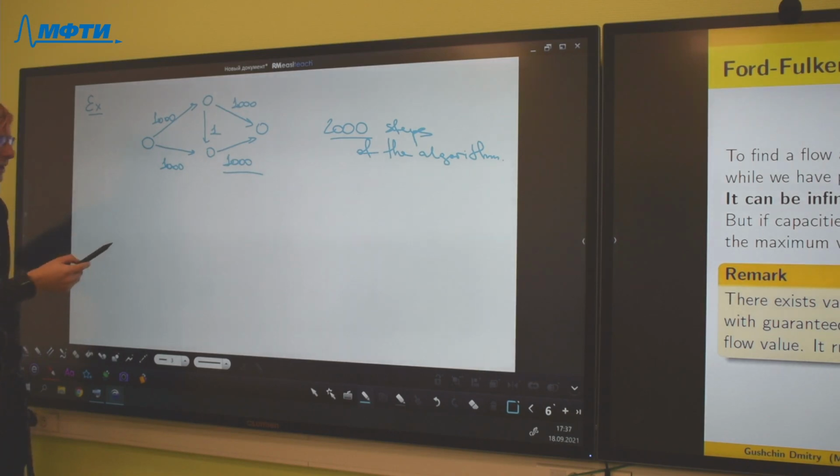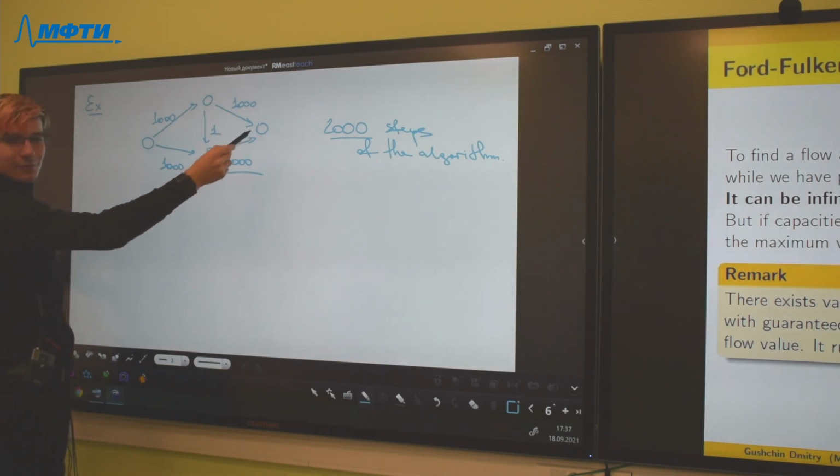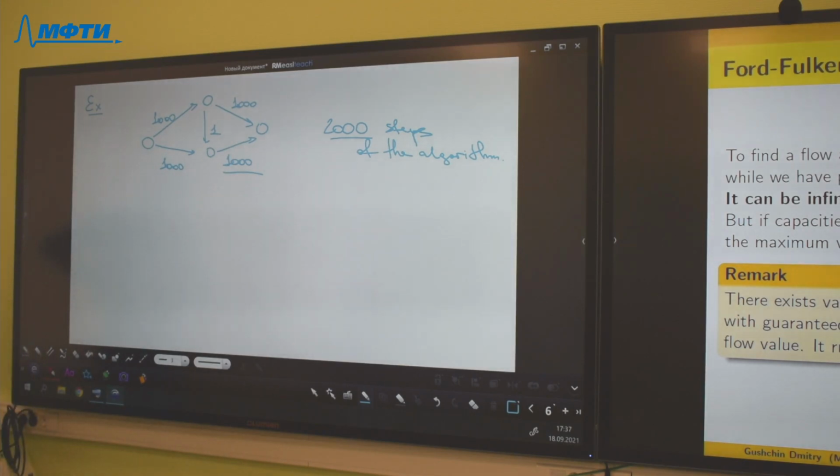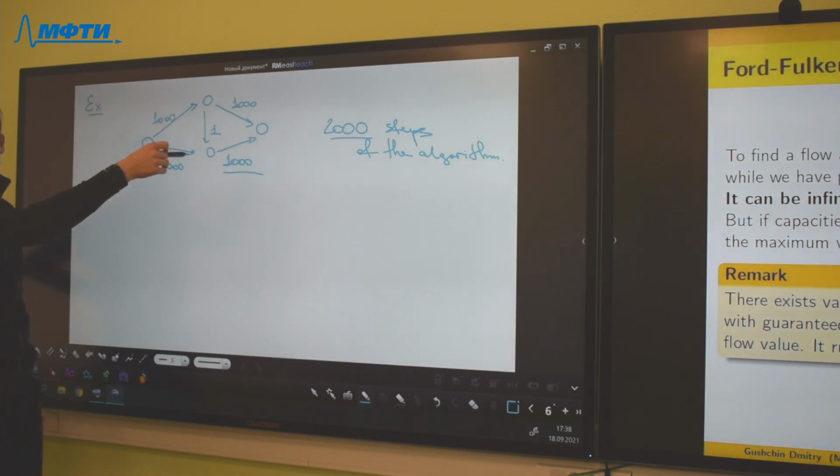Of course, if we get this augmenting path, we increase our flow by 1000, then increase by 1000, and we have 2 steps.